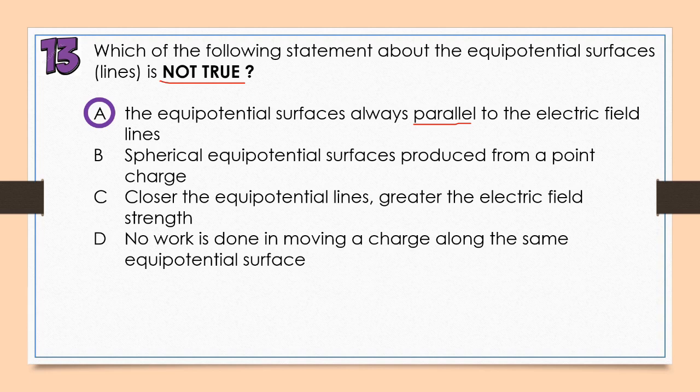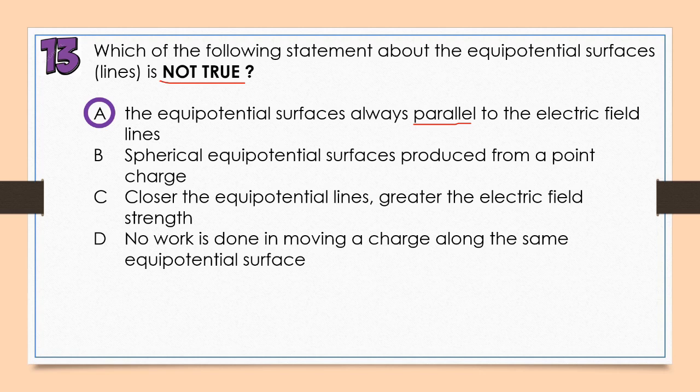For B, spherical equipotential surfaces produced from a point charge. It is correct, right? So how do we produce the uniform equipotential surfaces? Because we have the spherical equipotential surfaces and also the uniform equipotential surfaces.